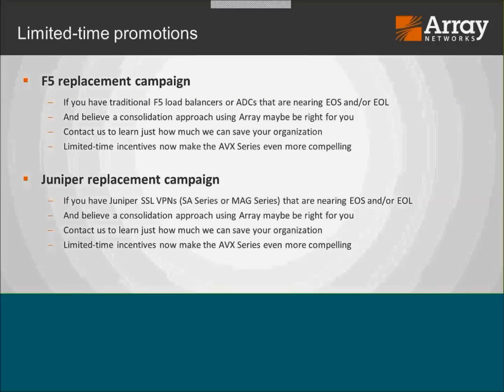Again, the network functions platform might be a much more future-proof, much more efficient manner to meet your secure remote mobile access needs going forward. So if that's the case, we have some very compelling replacement program incentives that can get you out of the old and into the new, something much more flexible, future-proof, efficient, but also much more cost-effective.